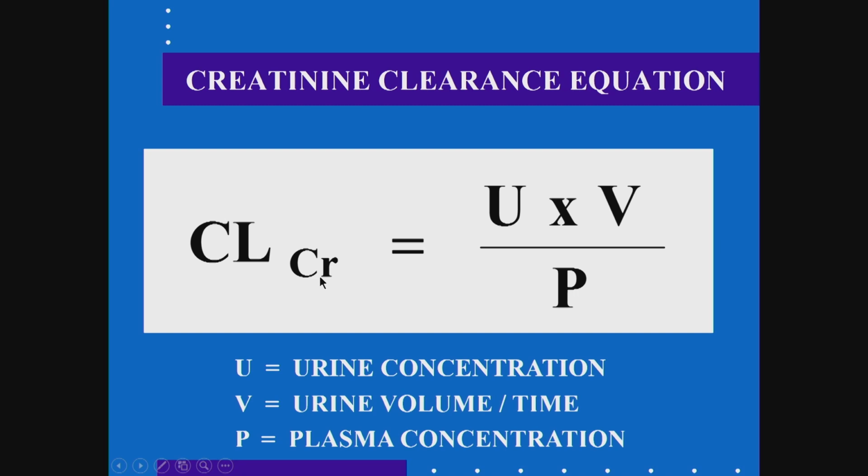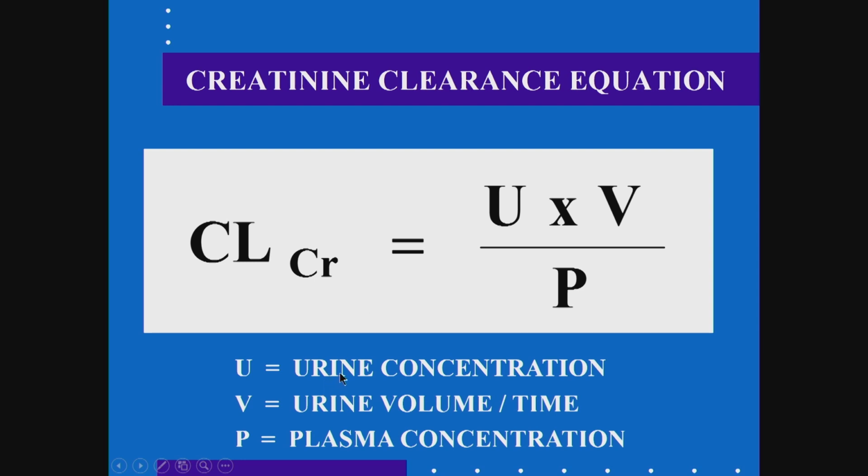This is an endogenous product that can be measured in plasma, and the clearance of creatinine is used as an index of renal function. And we have this relationship here that says that U times V over P determines what the creatinine clearance is in that context.